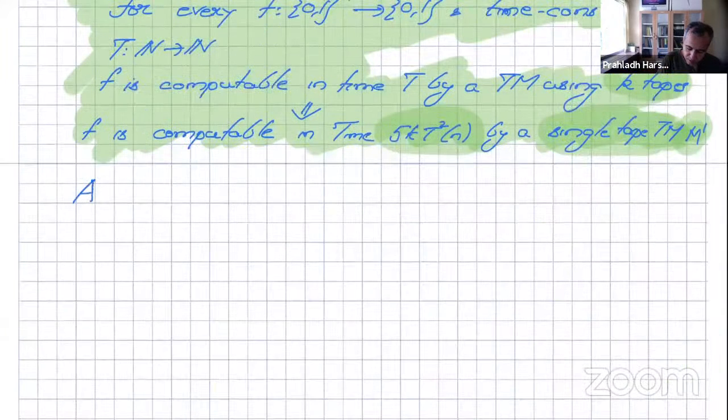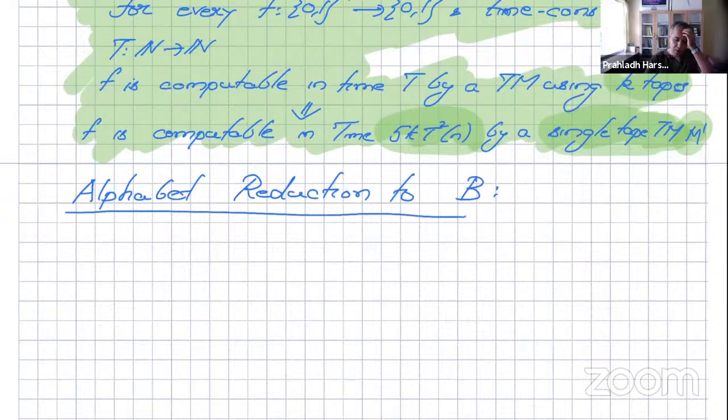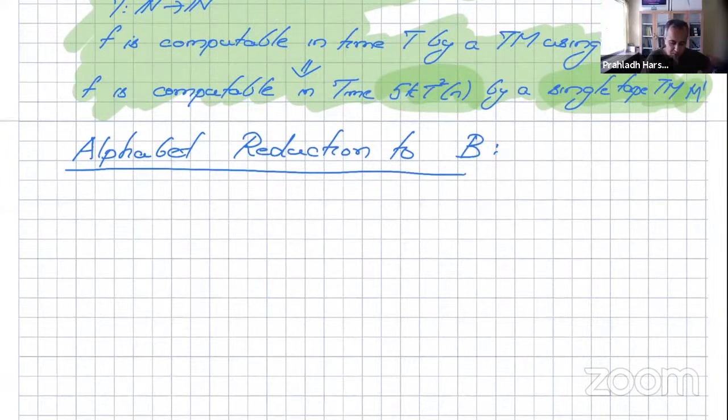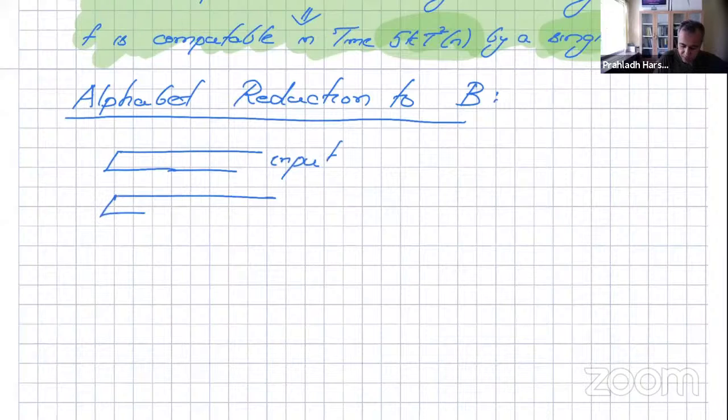Alphabet reduction. How does one expect to do this? Suppose we have a Turing machine which has some input tape and some work tapes.